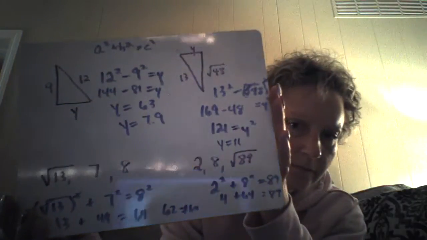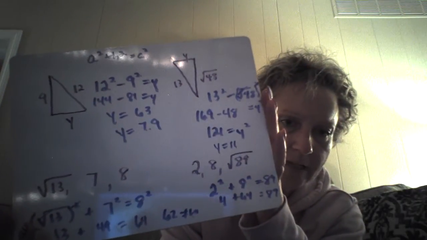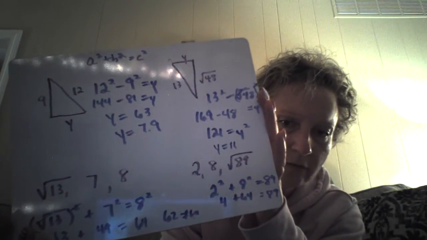If I get rid of the square root sign, that's 89. And 4 plus 64 is 68, not 89. So that is not a right triangle.